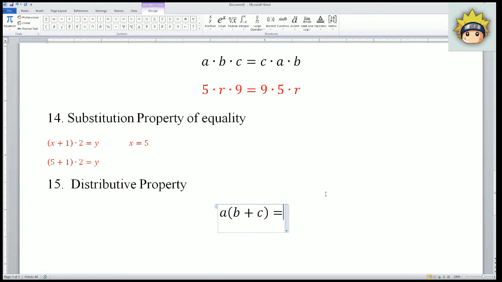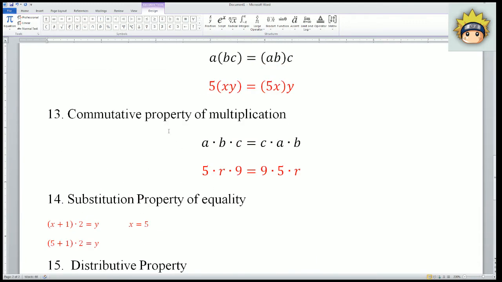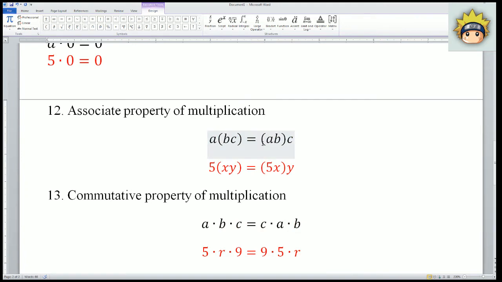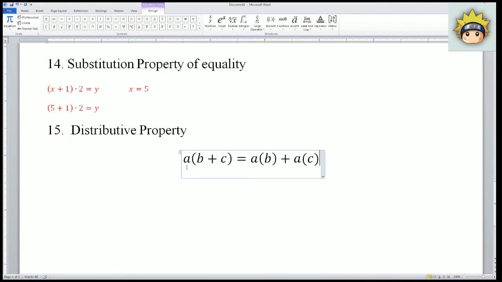This is going to be equal to, you want to distribute A into B, so it becomes A times B plus, do you see the plus symbol here? Plus A times C. It's not a rearrangement of the parentheses. It's a distributing of A. A times B and A times C.